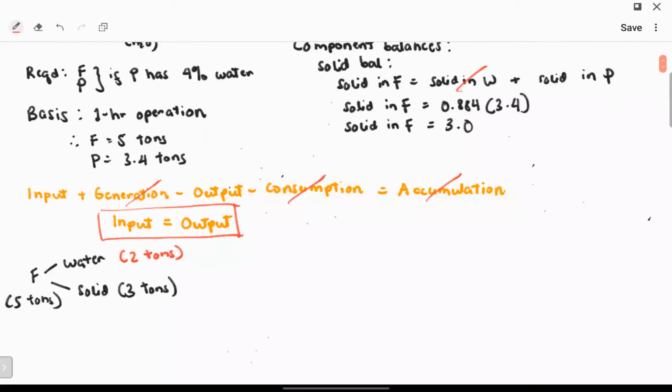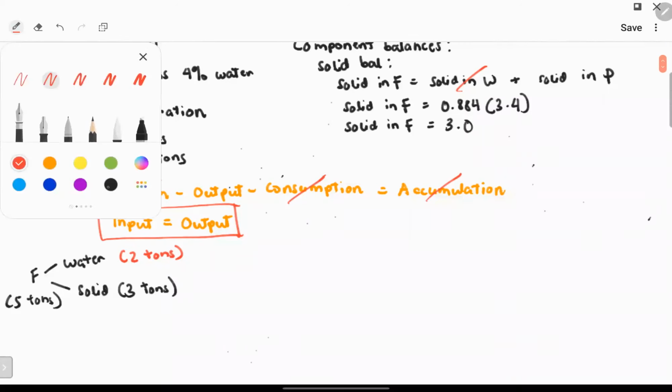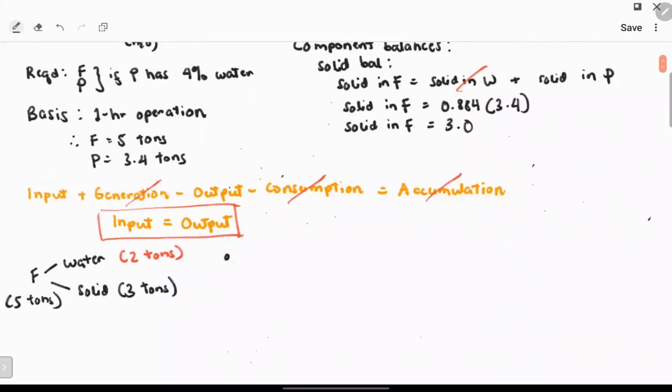Now let's state this composition in terms of percentage. So we can write something like percent water in F. It's 2 over 5 tons times 100. So how much is that? That's 40%.